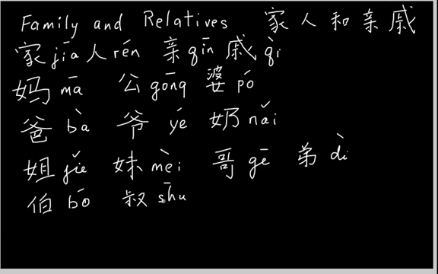And your 伯伯's wife, your aunt on your father's side, who happens to be married to your father's older brother, you call 伯母, but the wife of the younger brother of your father, you would call 婶婶. It's written this way, 婶婶.